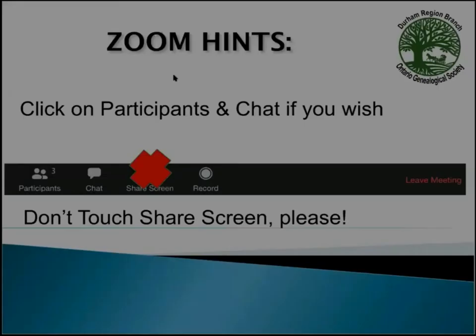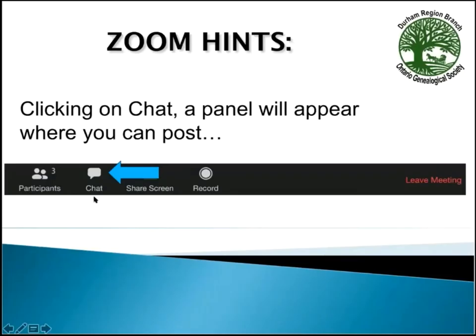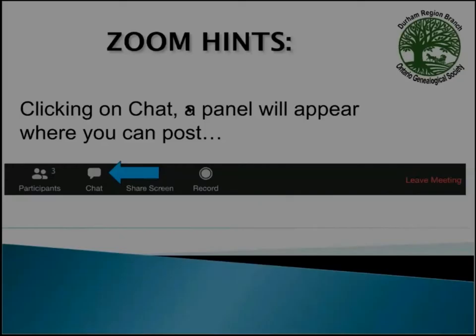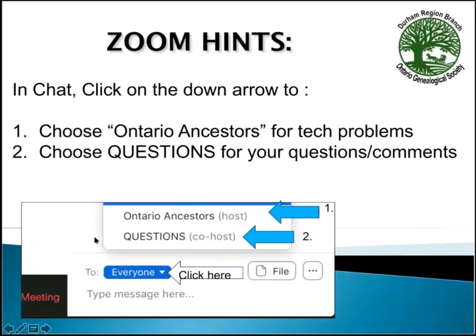And when you click on the chat, a panel will appear where you can post questions. So when you click on the down arrow that says everyone, several names will come up, including mine and the speaker's, but there is one that's called questions, and that's being monitored by Anne, who will narrate those questions back to Mark at the end of his presentation.